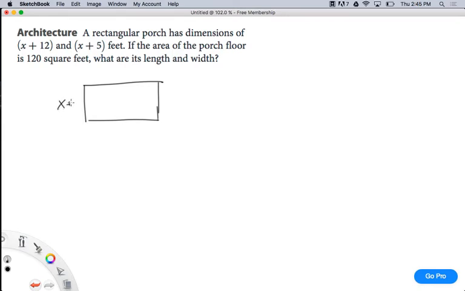So it's got x plus 5 and x plus 12. And it's talking about the area of the porch floor is 120, right? So I should probably come up with the area of a rectangle. What's the area of the rectangle? Length times width. In this case, L is x plus 12 and width is x plus 5.